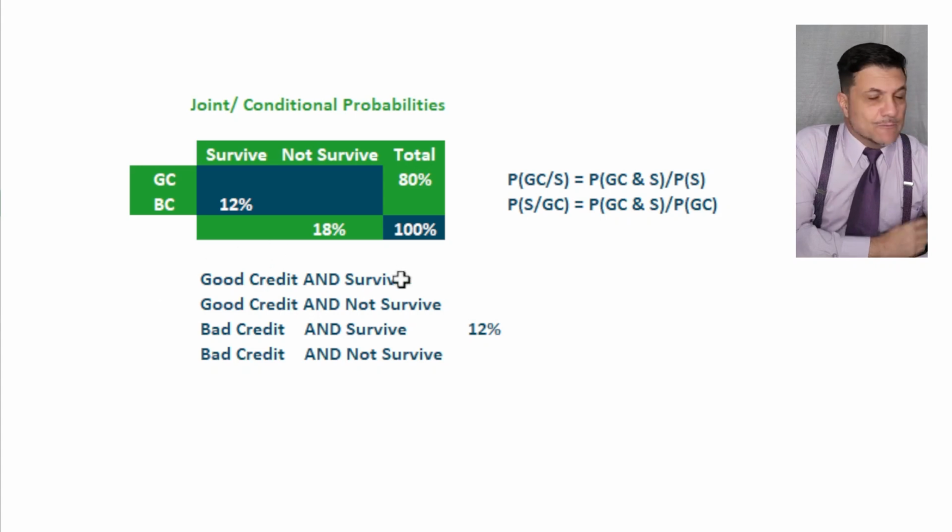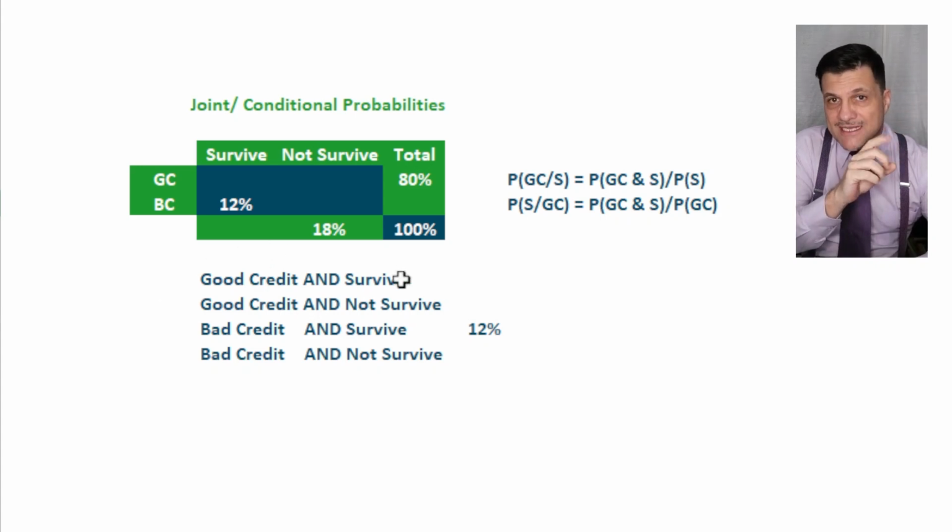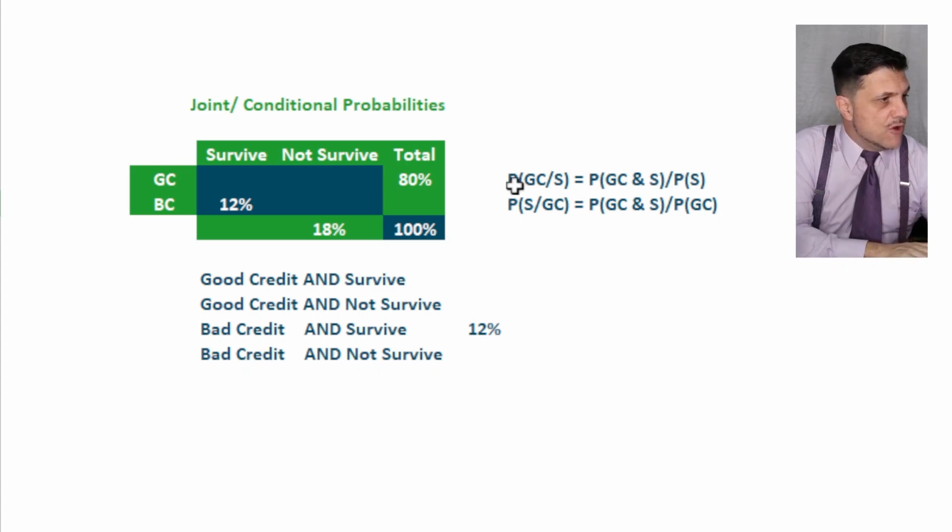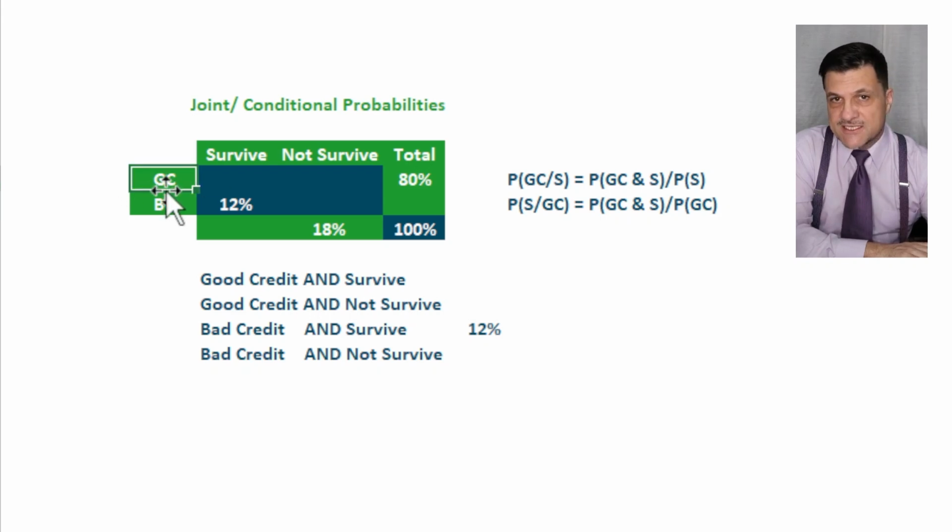So for example, if the question is not asking you for the Bayes formula, just the conditional probability. Like, say, for example, what is the probability of, in this case I have good credit, it's expressed by GC, and bad credit is expressed by BC. Good credit, bad credit, and then survive and not survive a recession.